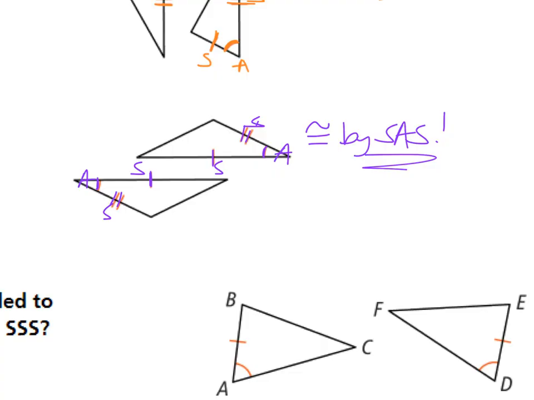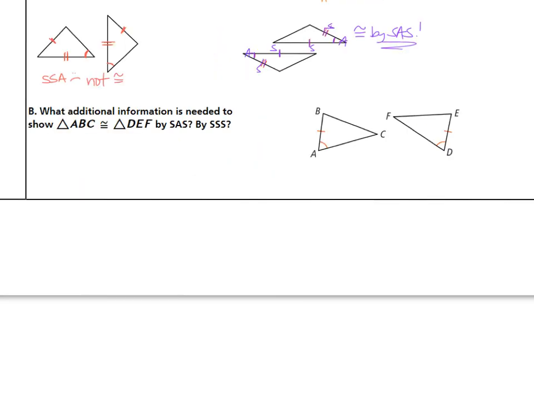So sometimes you'll have enough information to mark it, and sometimes we have to figure out the information that's possible to mark. Like our final question down below. It says, what additional information is needed to show triangle ABC is congruent to triangle DEF by SAS? Well, let's take a look at the picture. I've got AB and I've got DE. So I've got one side.